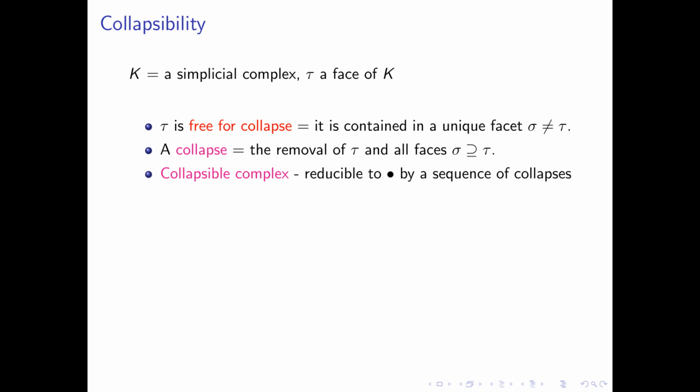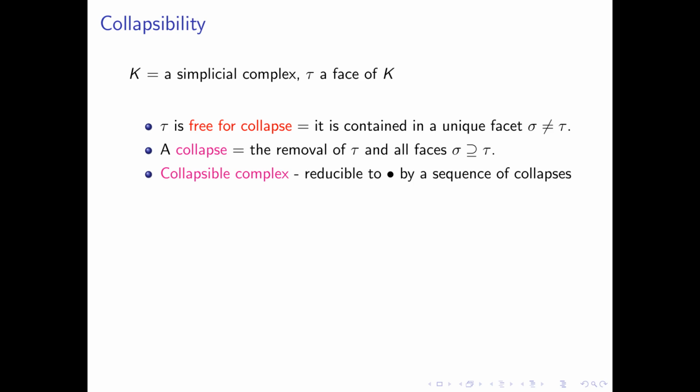A face tau of a simplicial complex is free for collapse if it is contained in a unique facet, sigma, different from tau. And if this is the case, we may push this tau inside of sigma without changing the homotopy type of the complex, thus maintaining most of its topological properties.